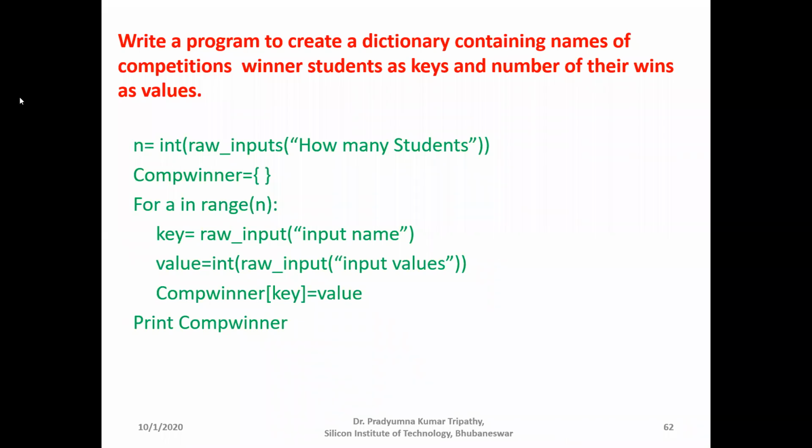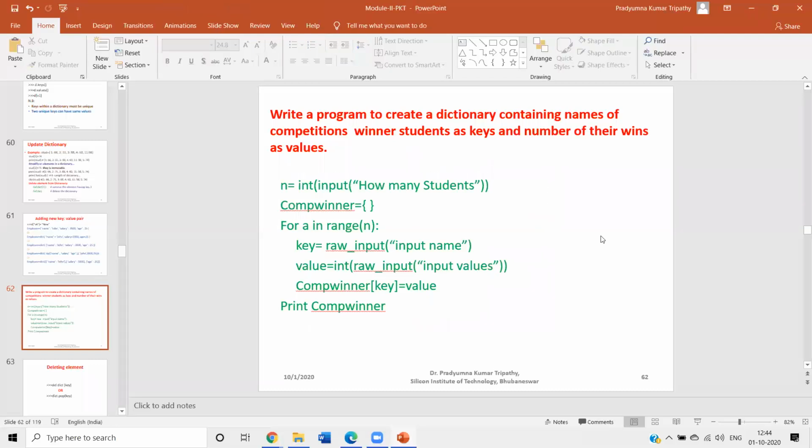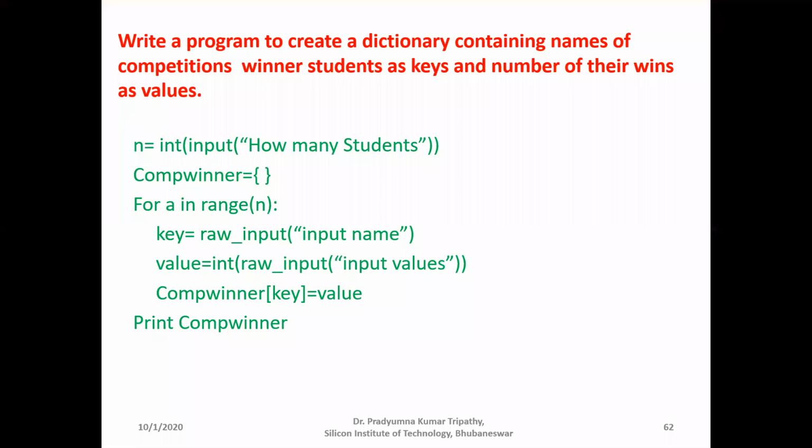For that, we will input how many students. I have given raw_input, but here you will use the input function. raw_input is for Python 2.7, so we can use only the input function here. I input how many students, and this is the competition winner dictionary. I take this brace, which means I am declaring a dictionary.